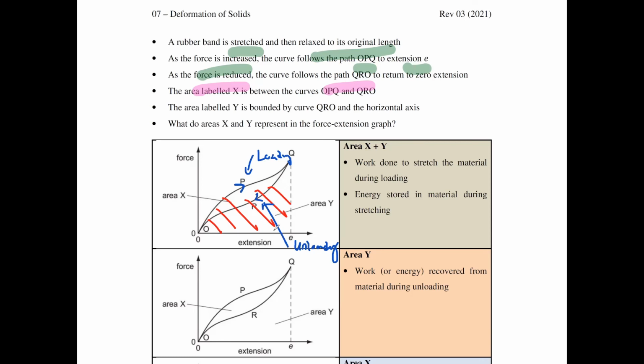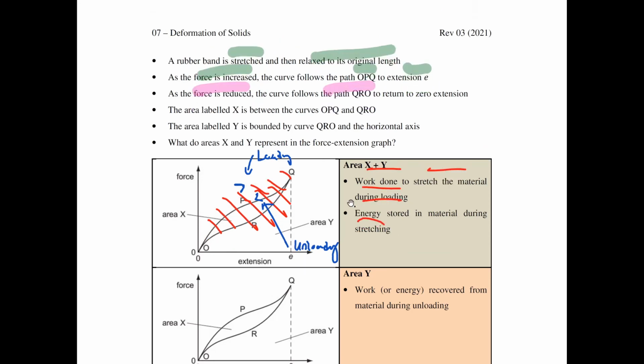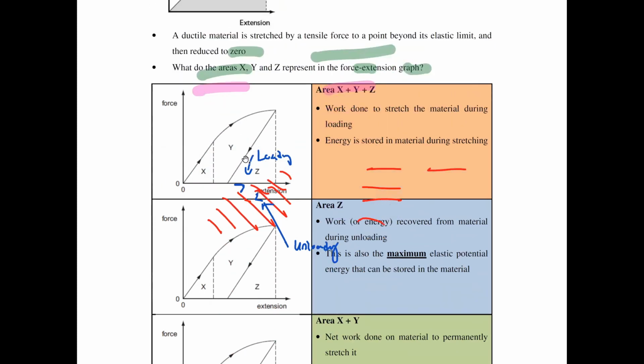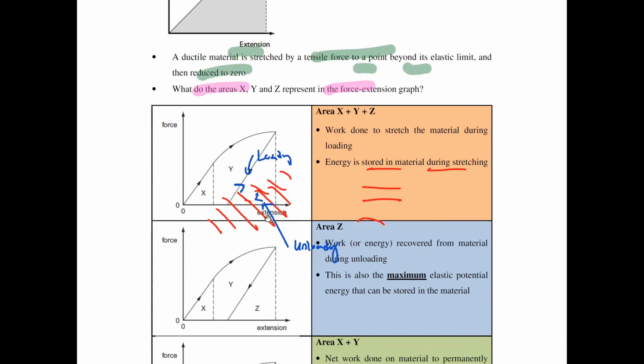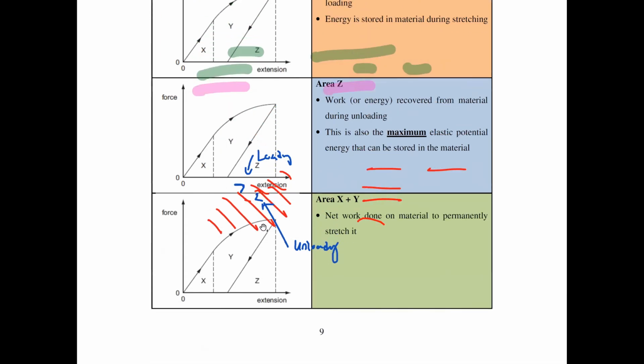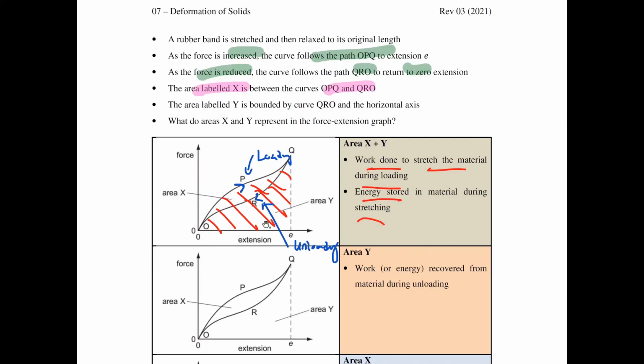So you're talking about the entire area below the graph. This is the work done to stretch the material during loading, with the energy stored in the material during stretching. It's the same as what you see in the previous example, XYZ. This whole area represents the total amount of work that you've done to stretch the material.